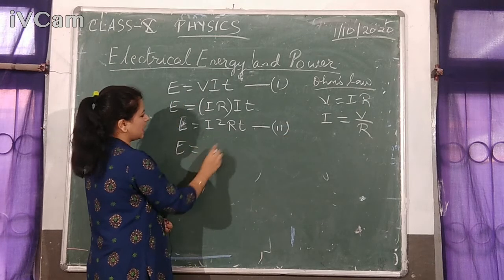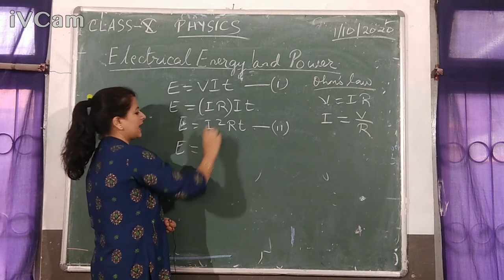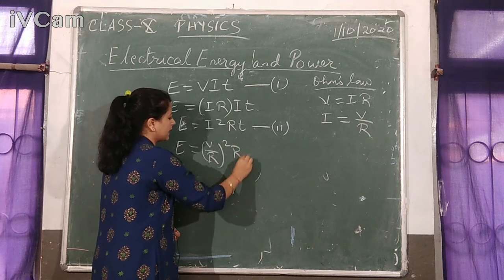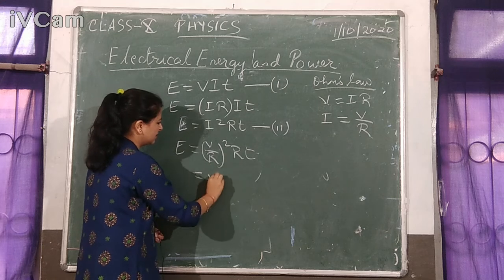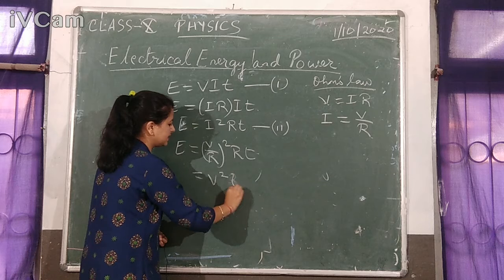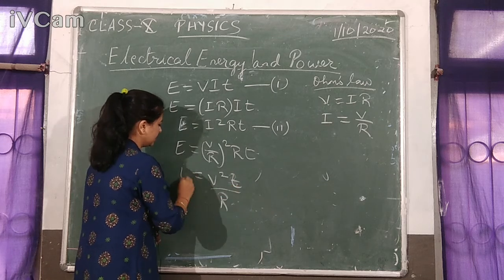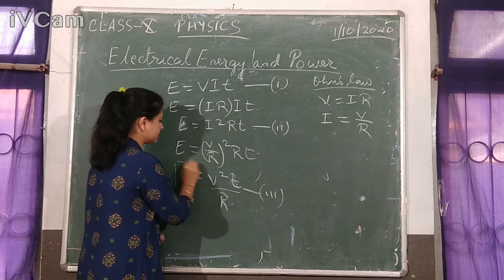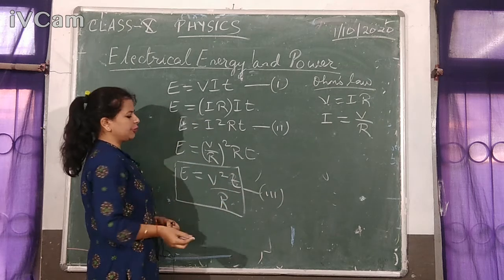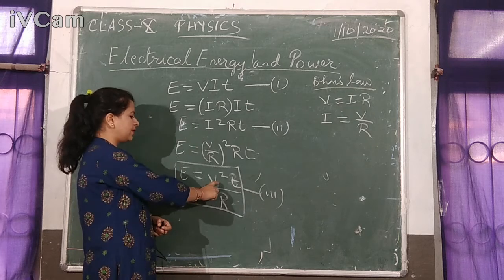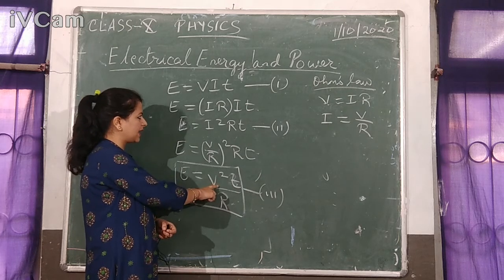E is equal to, I don't want to write I, so instead of I write V by R whole square RT, or V square, R will be cancelled, V square T divided by R. This is the third expression for electrical energy. Okay, so if in a numerical you don't see the value of current given to you, but you see the value of potential difference, you can use this formula.